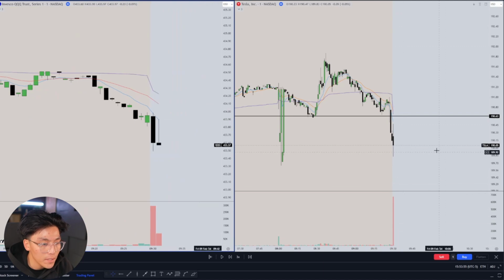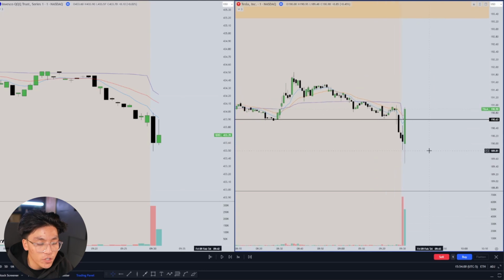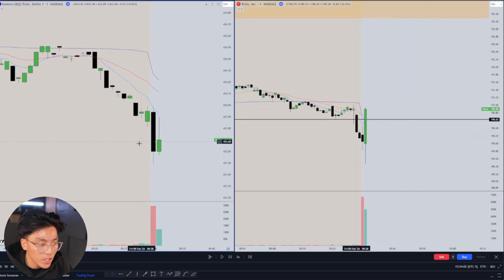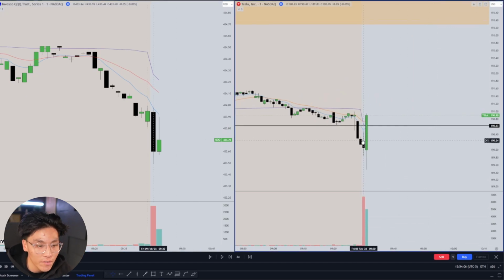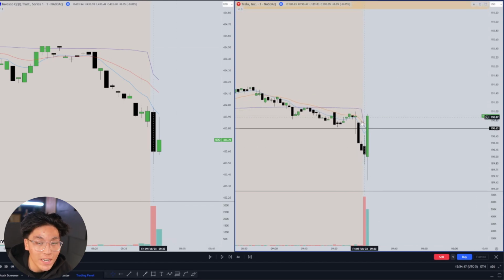We'll see what happens, right? If we compare the first two candles on the QQQ versus Tesla, you can see that 190.60 was the key level on the higher time frames, right? You can see that Tesla in the second candle, very bullish candle, ended up getting above our 190.60 level.